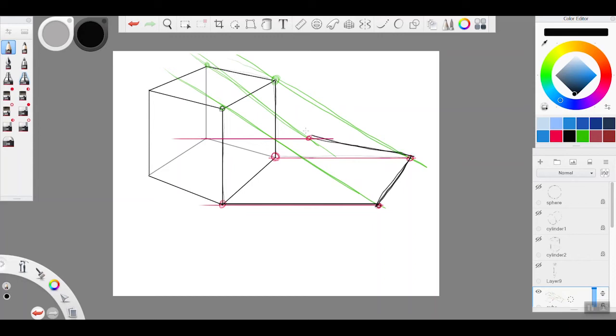And now finally, as we walk the way around, we have this back edge, and it is helpful to draw the hidden edges on your objects when it comes to shadow plotting for this very reason, where we know where this angle line corresponds to this direction line. And again, because this is a vertical edge, we know that a vertical edge corresponds in the same line as the direction line.